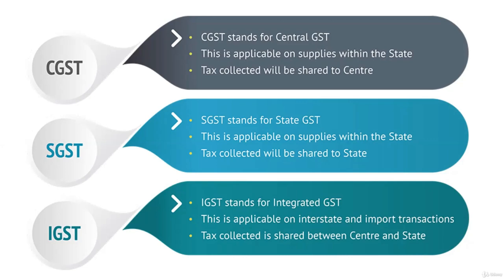IGST is the accumulated amount of CGST and SGST. This is an integrated GST tax that is applicable on interstate and import transactions. The tax collected is shared in some percentage between the center and state government as prescribed by the government.